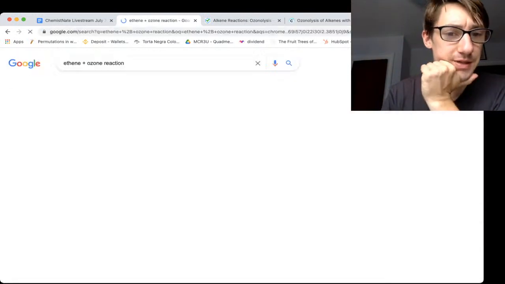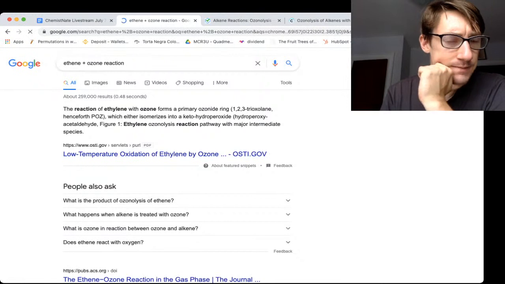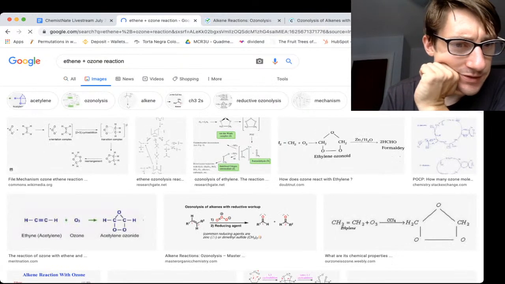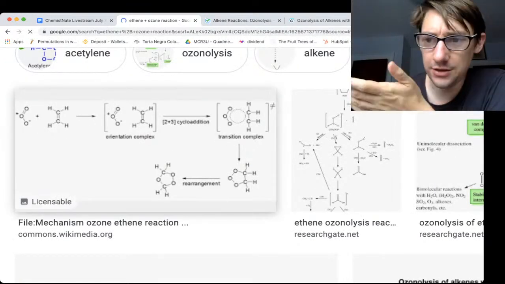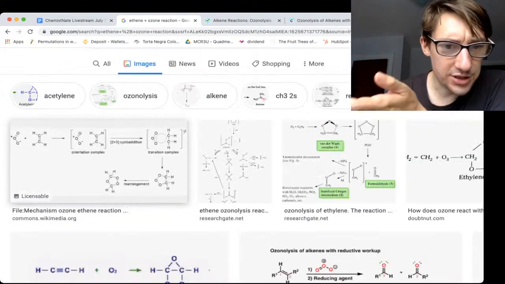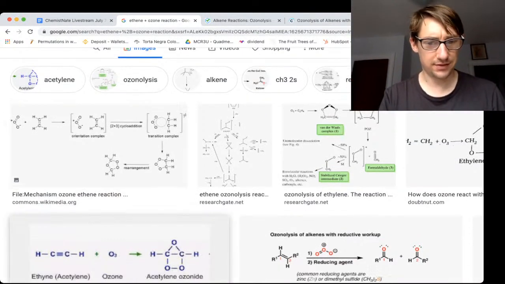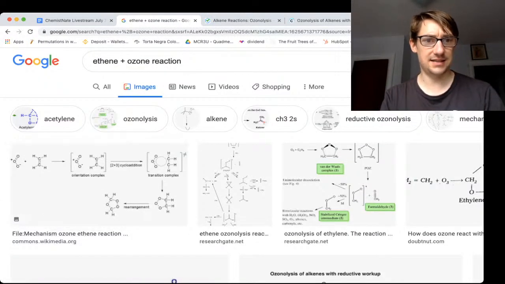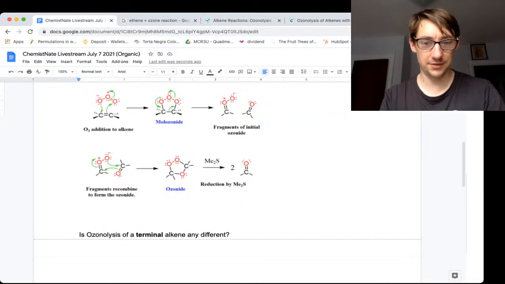Let's see what the people say about this. There's ethene plus ozone. That's great. Well, that just makes an ozonide, which is just going to be broken up by whatever reducing agent you have. Cool. Yeah. So it's exactly the same thing. You just end up with aldehydes instead of ketones.